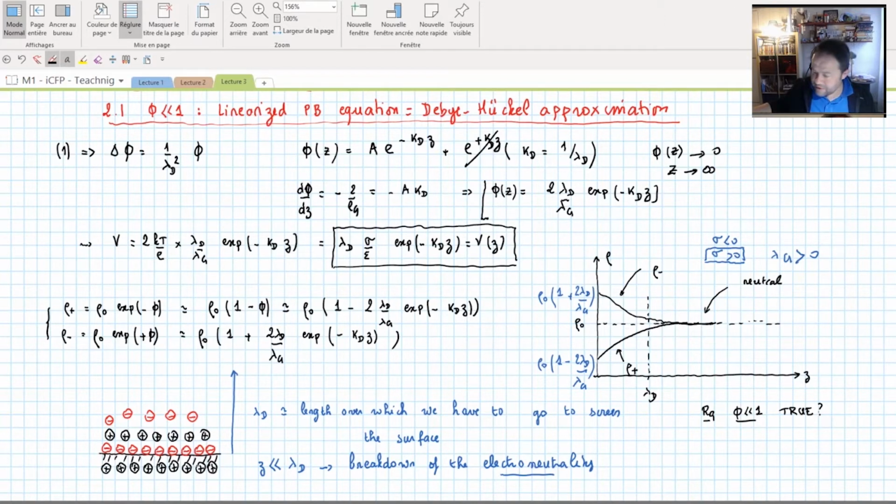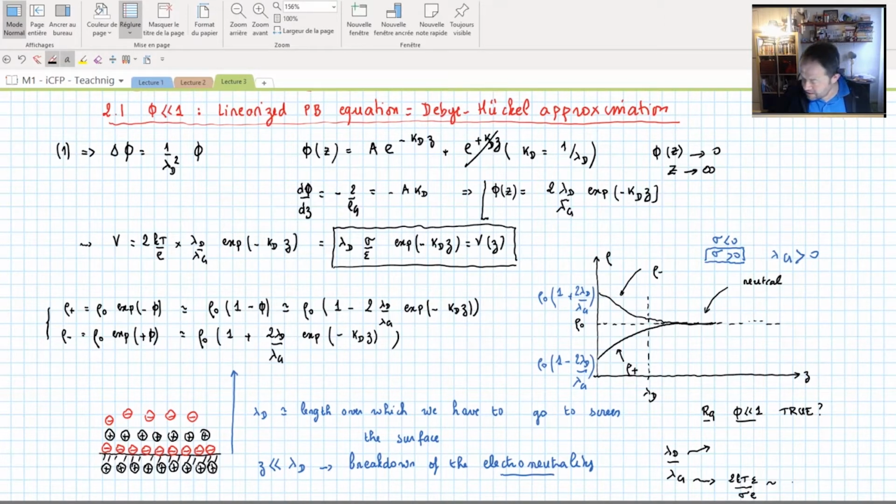Yes, Lila, you're right. It depends. Of course, the question is what is lambda d over lambda g? So what did we say for the Gouy length, which was 2 kT epsilon over sigma e?